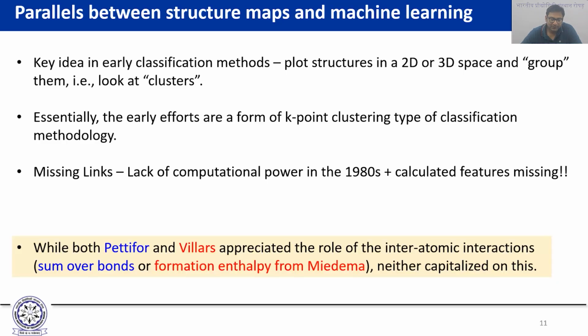So this is the part that was missing. This is something that we can now add, given that the computational power that we have access to today is much more than what we had earlier. So while both Petitfort and Villars appreciated the role of the interatomic interactions, they were unable to capitalize on it simply because the computational power back then was not what it is today.